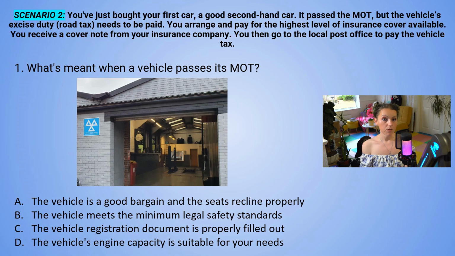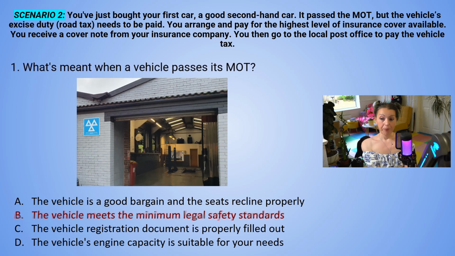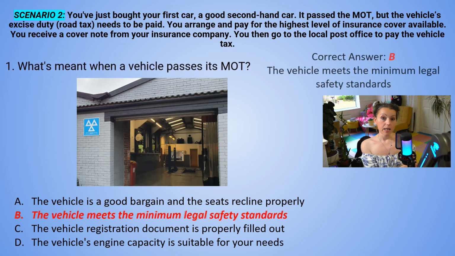C. The vehicle registration document is properly filled out. Or D. The vehicle's engine capacity is suitable for your needs. And the correct answer is B. The vehicle meets the minimum legal safety standards.